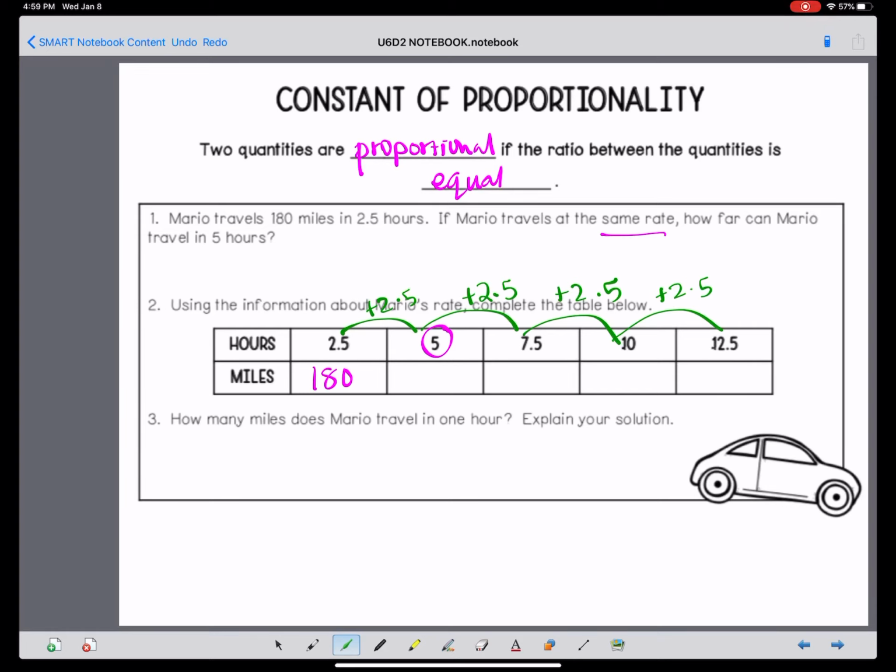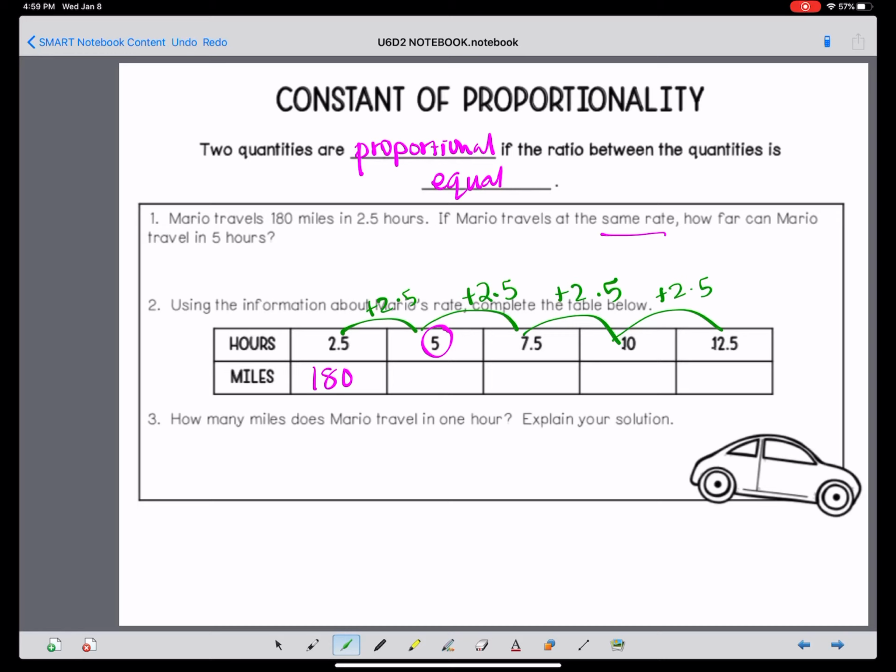So because there's a pattern on the top, that means for the miles, if Mario is traveling 2.5 hours, and he's going 180 miles, that means in 5 hours, he'll just add another 180 to it. I just did that wrong.